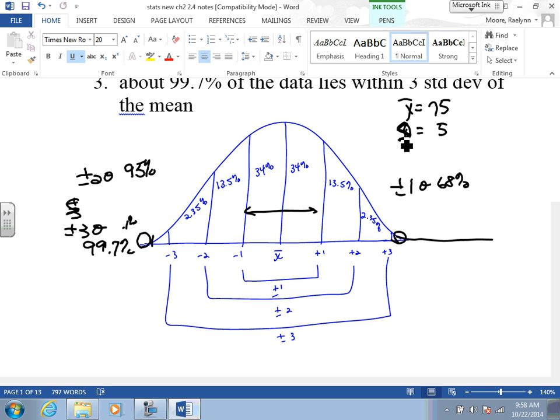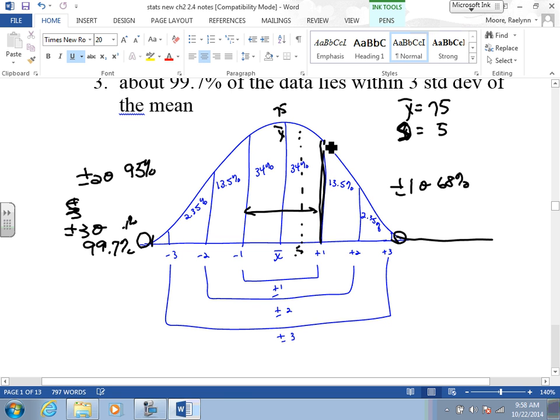So how we work this is, again, like yesterday, your mean goes in the middle. The easiest way to work this curve is to put your standard deviations out right on the curve. On the chart that I gave you, notice it's divided by 0.5. Darken the 1 lines.